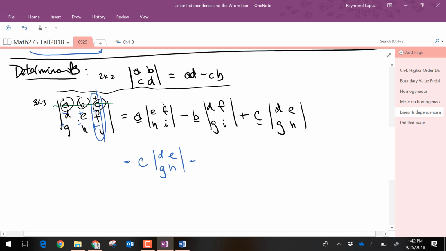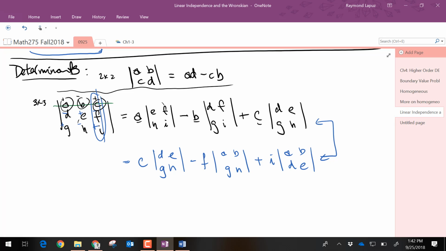And then I would go minus F, and then I would have A, B, G, H. And then plus I, A, B, D, E. Okay, so these should be equal to each other if you were to expand the 2 by 2 determinants. Okay, so we're not going to do that.